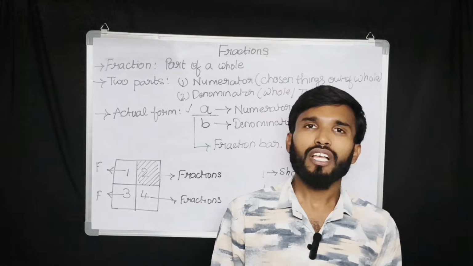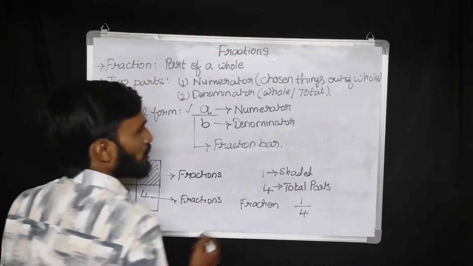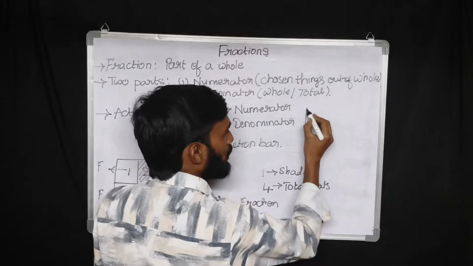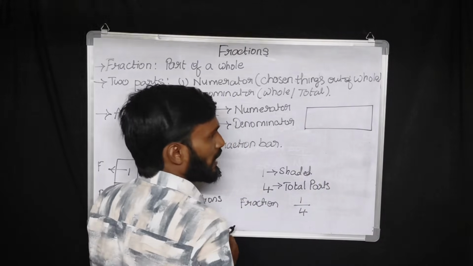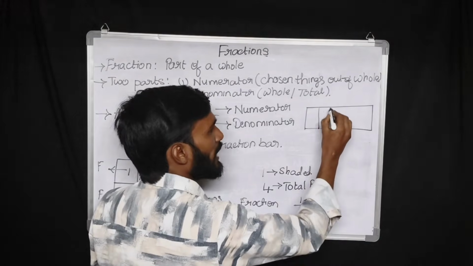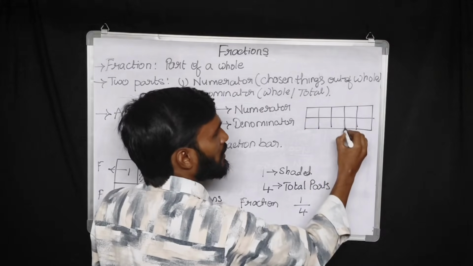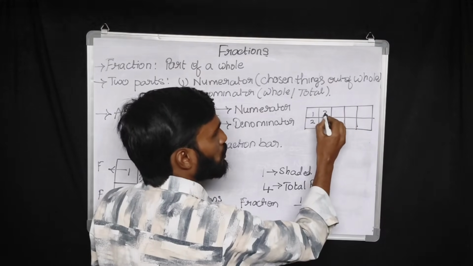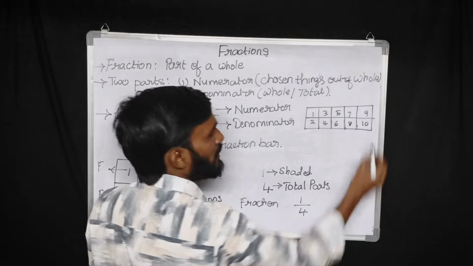For example, if your mother gave you and your sister or brother a Dairy Milk chocolate, and it has 10 bars: 1, 2, 3, 4, 5, 6, 7, 8, 9, and 10.